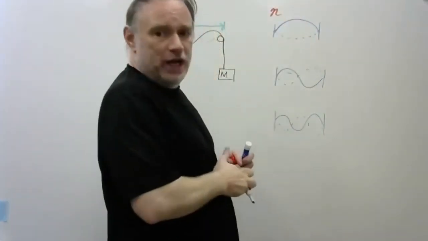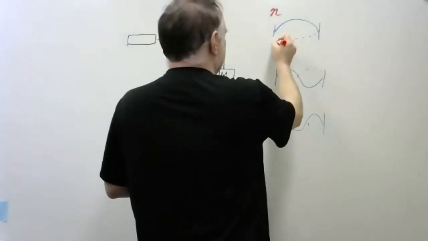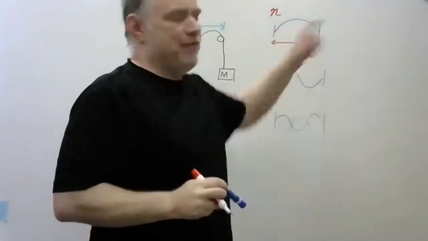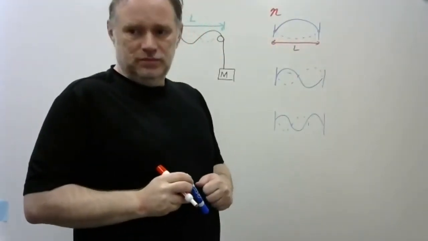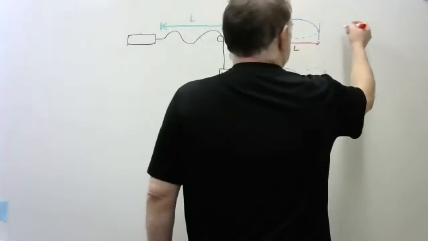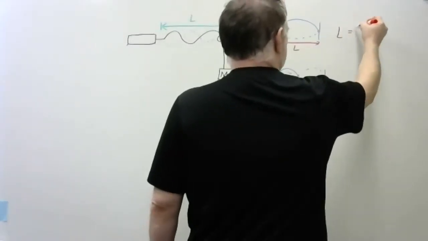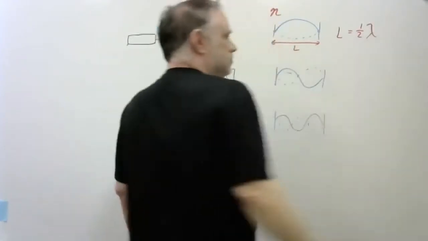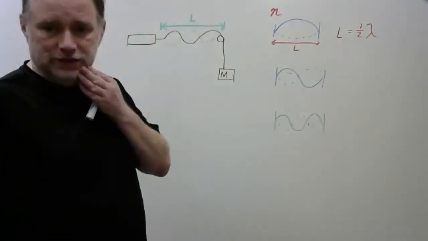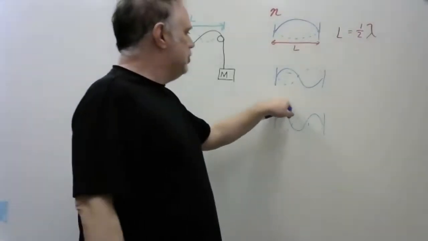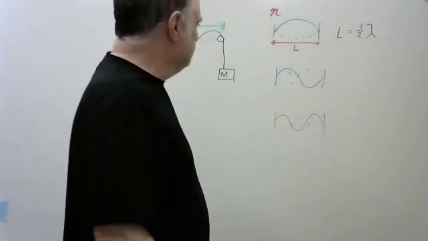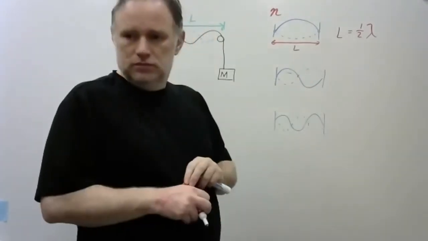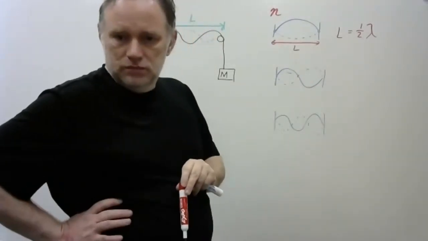Now for this first wave, the entire length of this thing only has half of a wave. So L equals 1/2 of a wavelength, because I only have 1/2 of a wave. For n equals 2, how much of a wave do we have? One.